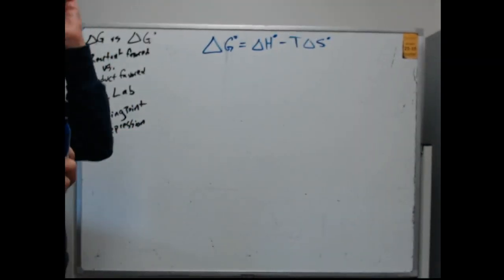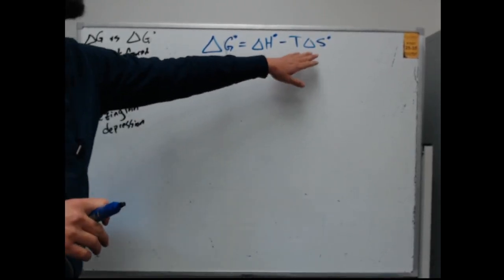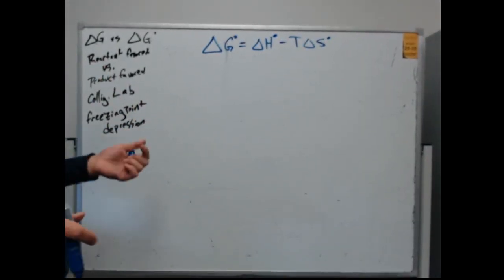Right, so what does that superscript 0 mean? We call it naught, so this is delta G naught, delta H naught, delta S naught. And that, so far this quarter, is everything we've been doing. And this means standard conditions.